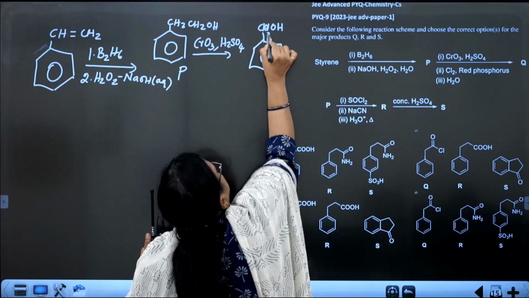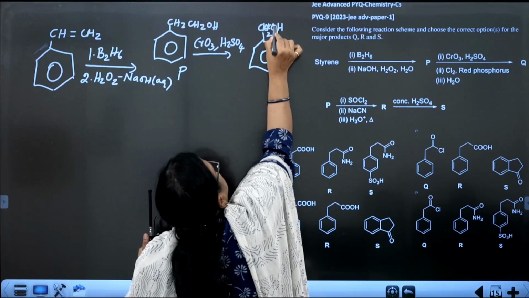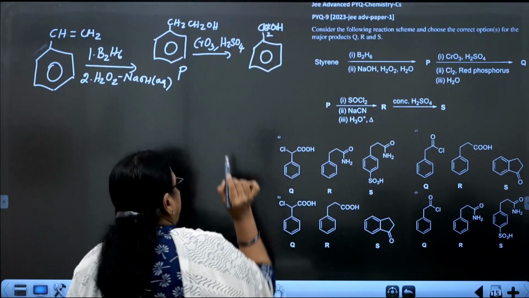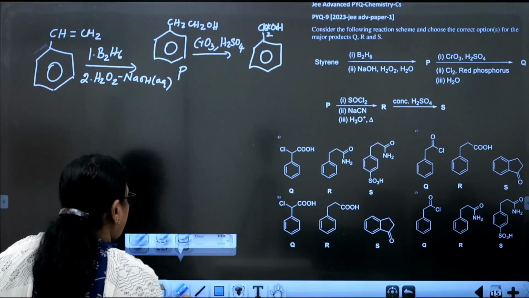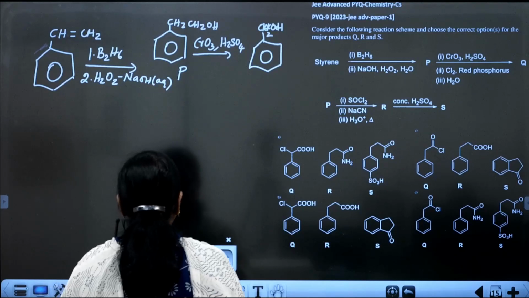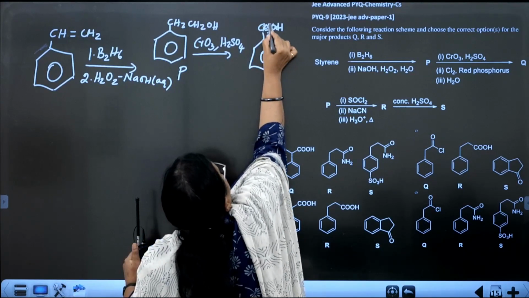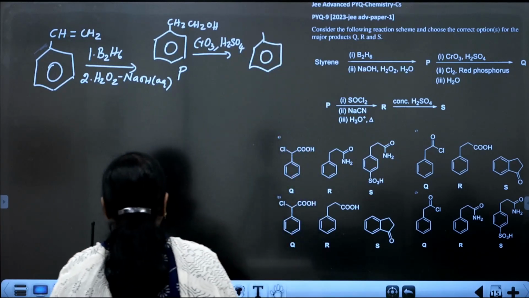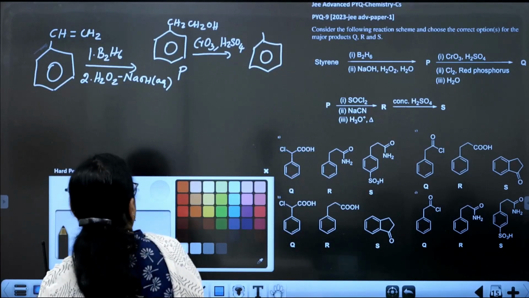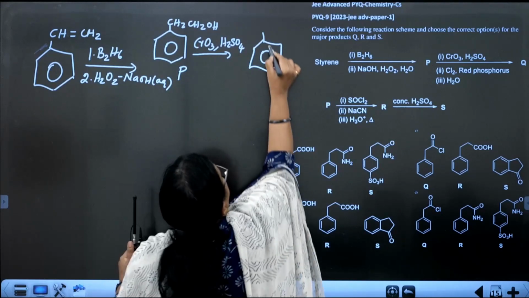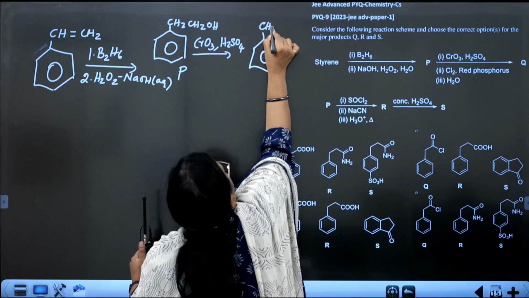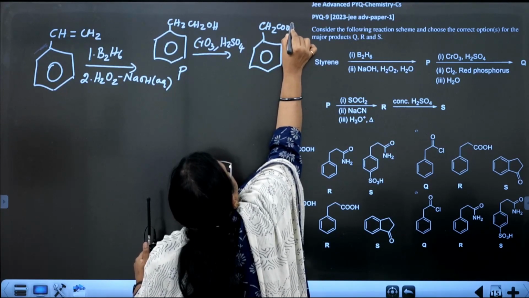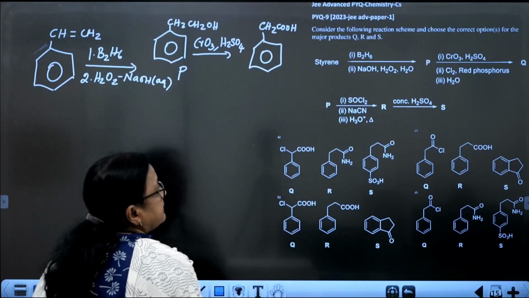You get C6H5 CH2COOH, a carboxylic acid with the same number of carbon atoms.